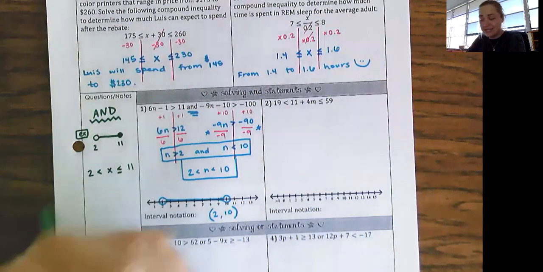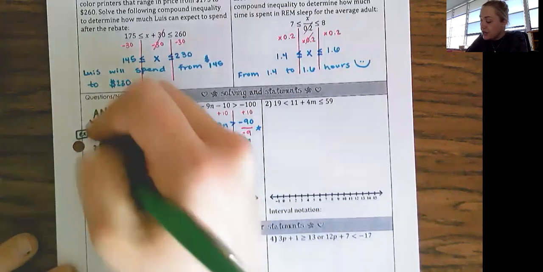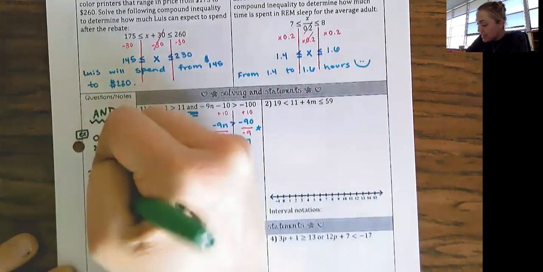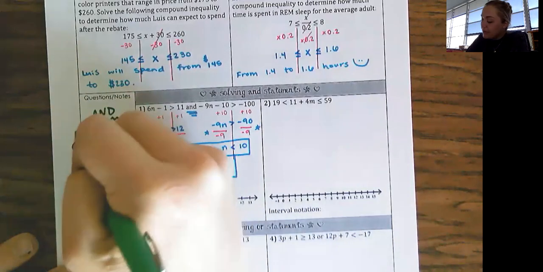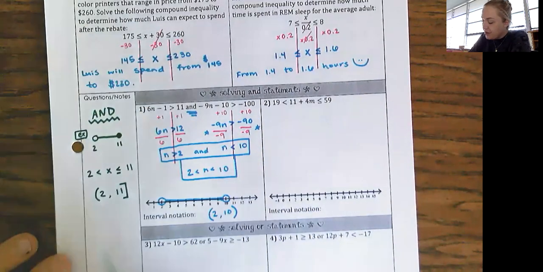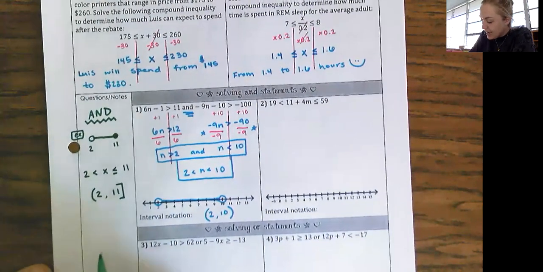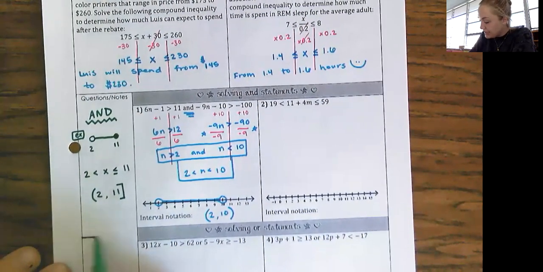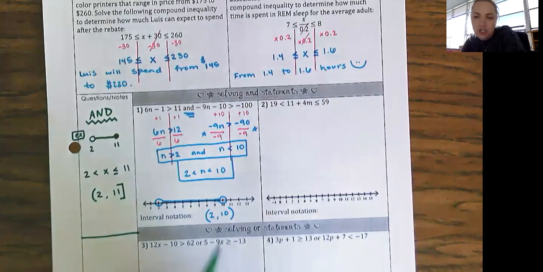Okay, then the third way that this can be written is our interval notation. From 2 to 11, but you're going to have an open parenthesis at 2 and a closed parenthesis at 11. So that is what I want to have for our and statements. And once we finish an or statement, we'll put a note on the bottom about or.